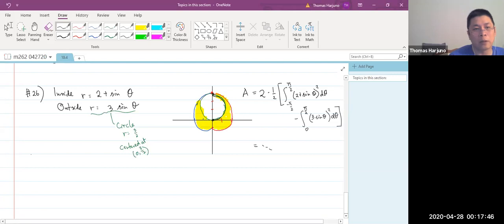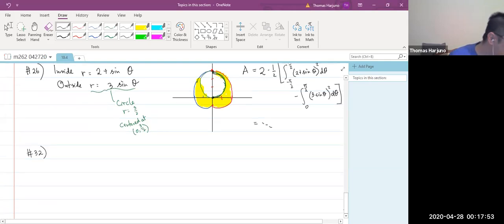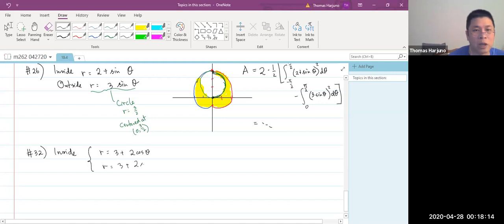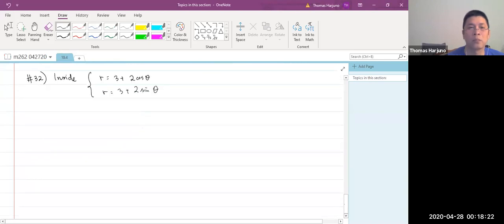Last one, how about on this topic, number 32? Find the area of the region that lies inside both curves. Inside r equals 3 plus 2 cosine theta and r equals 3 plus 2 sine theta. Both are cardioids.